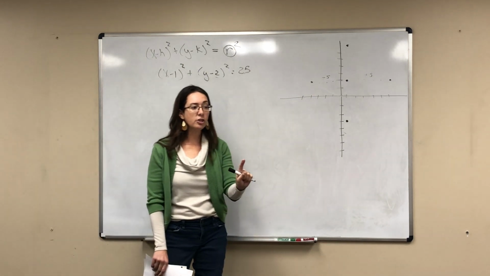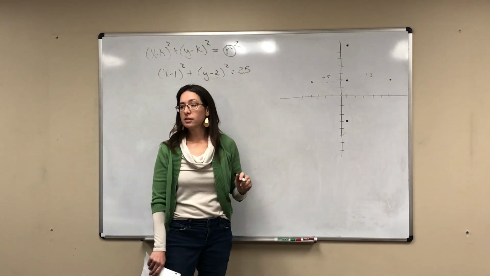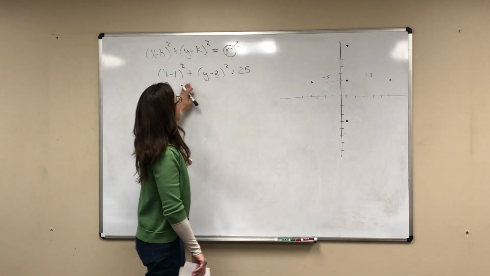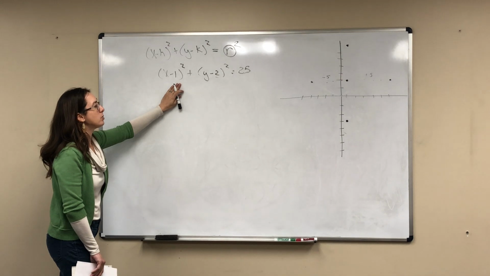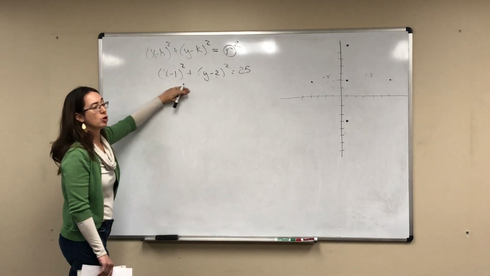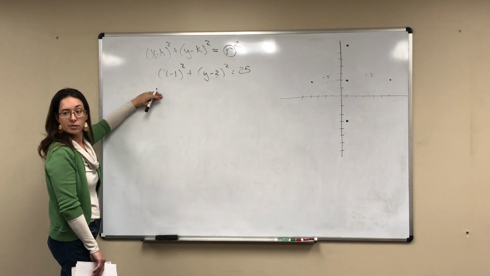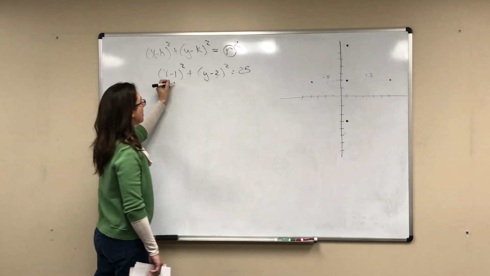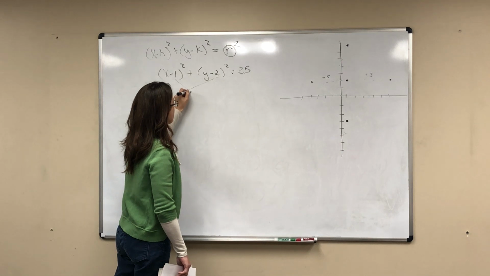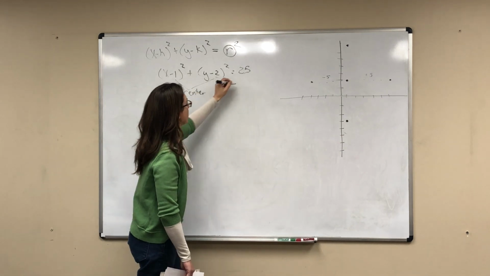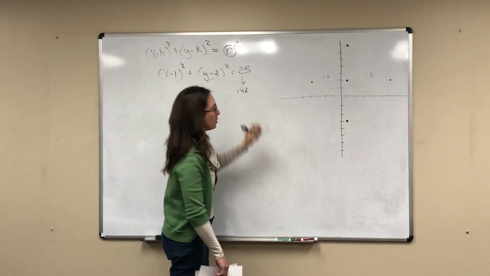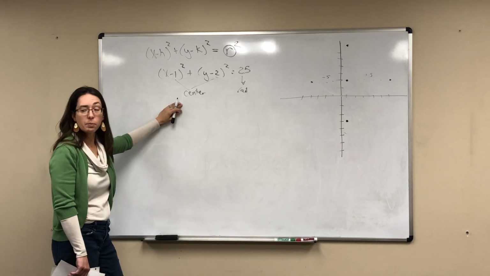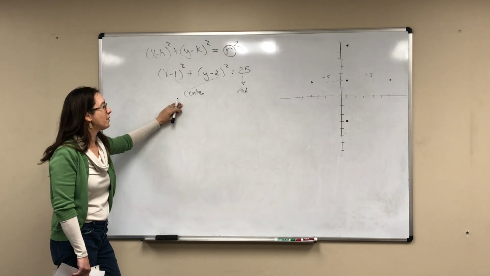They give you a center and a point on the circle, okay? So thinking about our circle equation here, all we really need for a circle equation is our center, correct? And the radius. We don't really need much more information, correct? It's a pretty simple, straightforward equation for a circle.